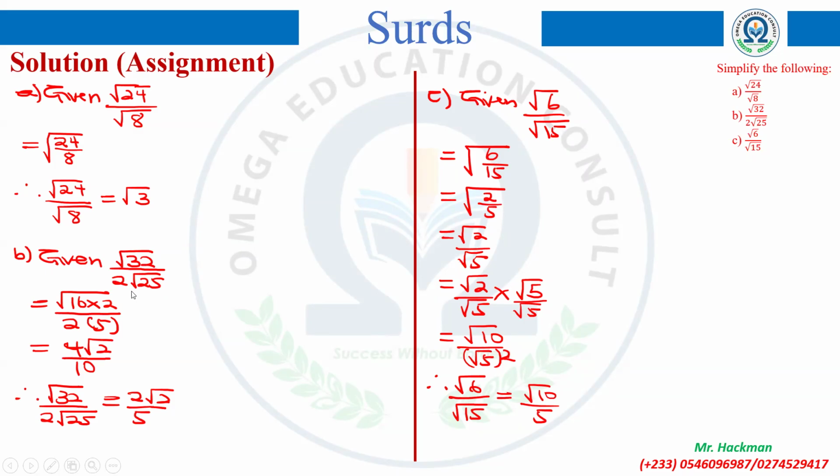Remember we said SURDs are special radical expressions where your radicand is not a perfect square, but here the radicand is a perfect square. So this gives you 2, and root of 25 is 5. If you write 2 times root of 5, it is not the same. 2 root of 25 is not the same as 2 root 5. It is rather 2 times 5. Am I clear?